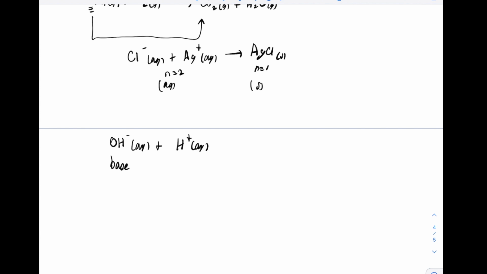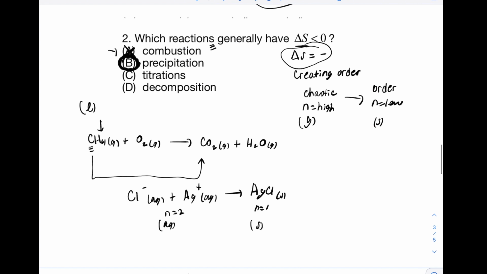And when those neutralize one another, they form liquid water. So here we have N equals 2, and here we have one particle, and we have aqueous ions in the starting, which is very disordered, forming a liquid, which is also forming order. So I would say titrations as well create order, or delta S is less than 0.